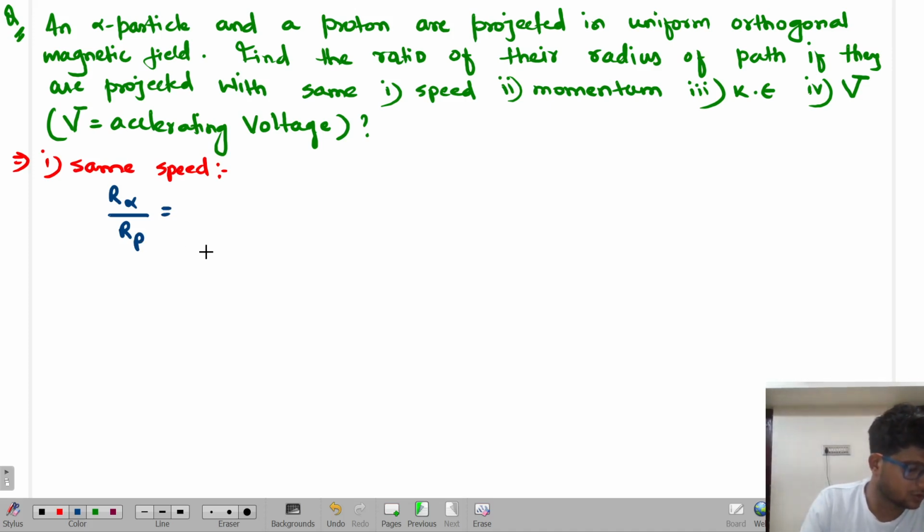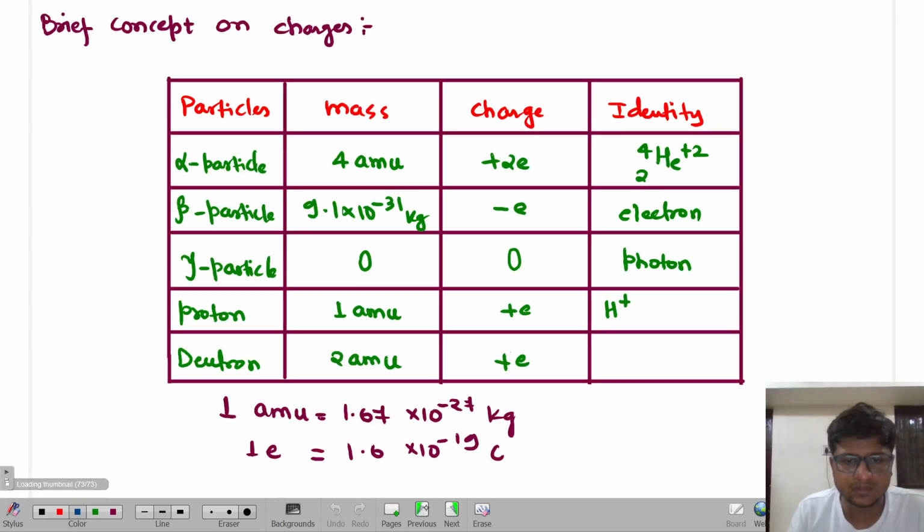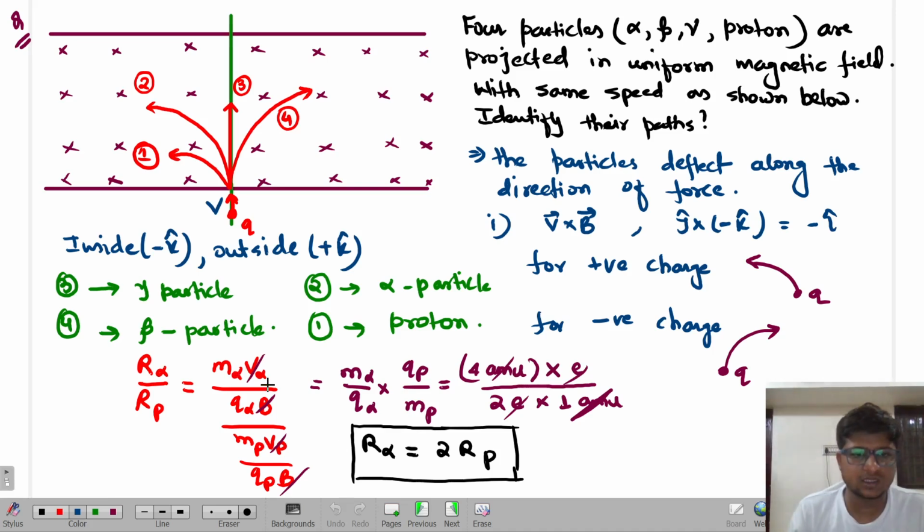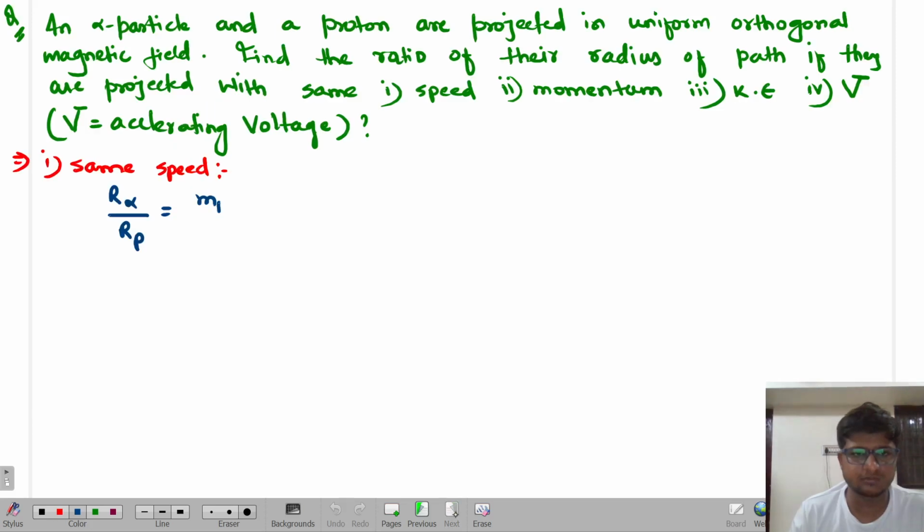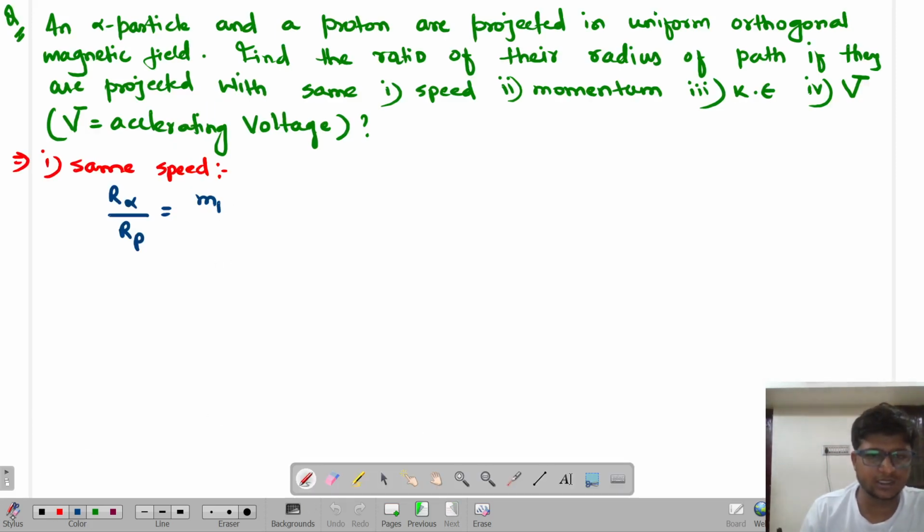Once again, see that. Magnetic field is always going to be same in both cases. Now, first case is the velocities is same.